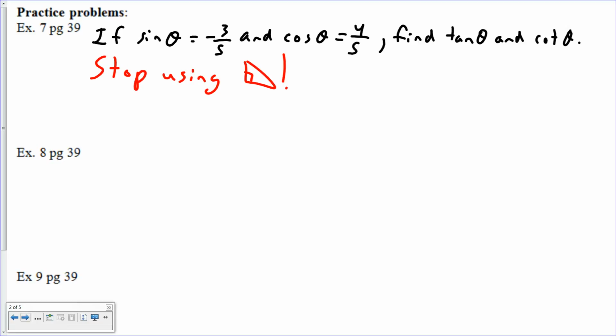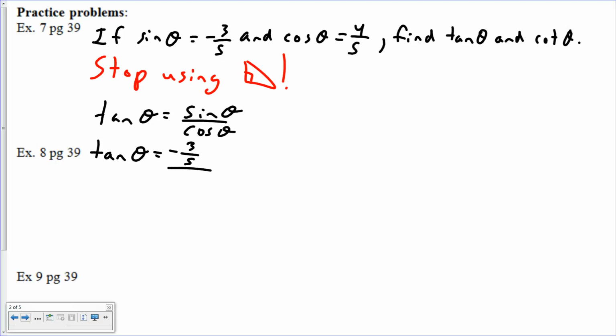So how do I solve this? Well, the way I can solve this is know that the tangent theta is equal to the sine theta over the cosine theta. And I'm just going to substitute in values. So these identities are all about substituting. Sine theta is negative 3/5. Cosine theta is 4/5.